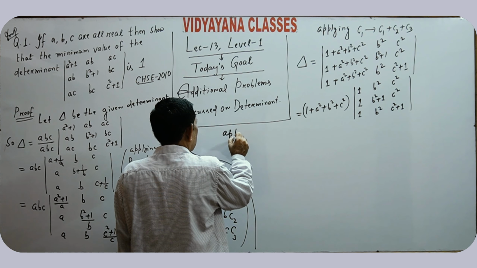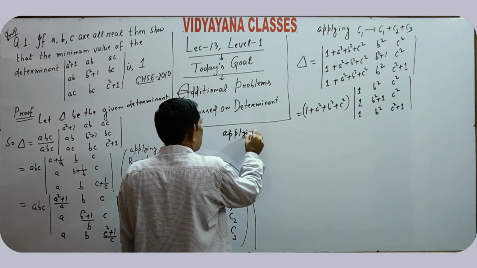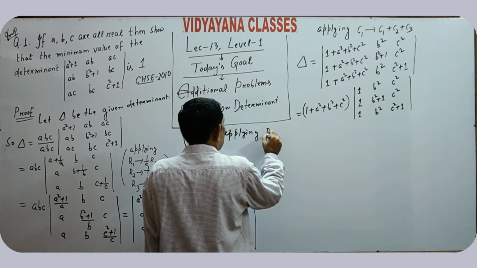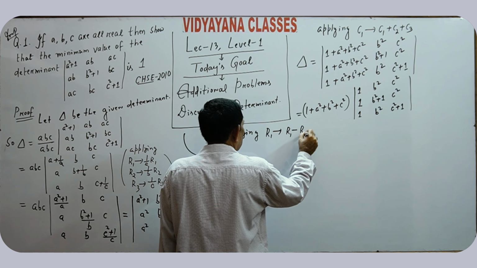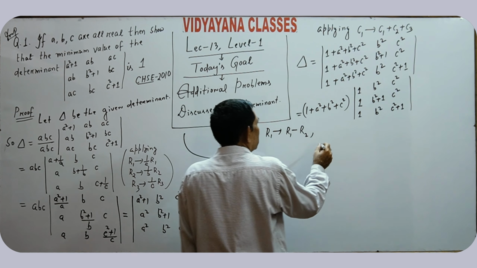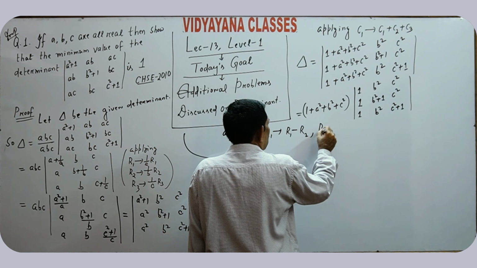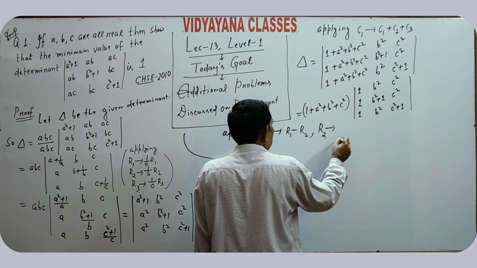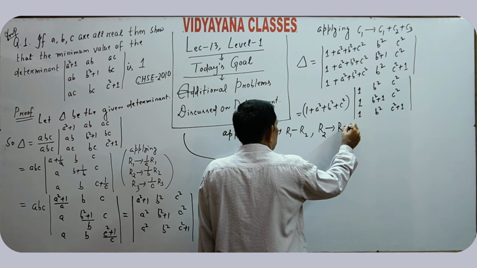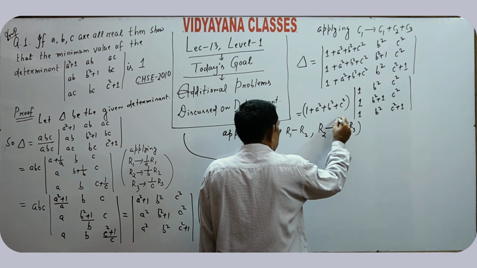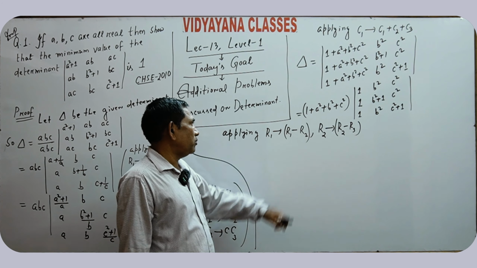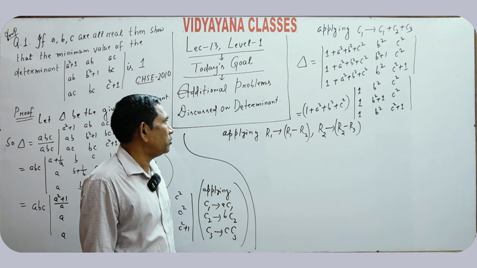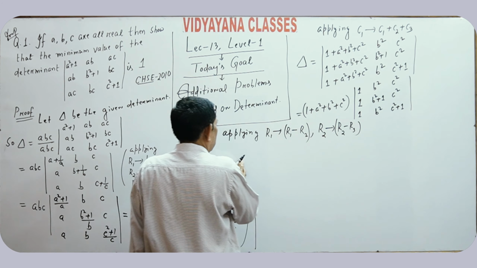Applying row 1 is replaced by row 1 minus row 2, and row 2 is replaced by row 2 minus row 3.